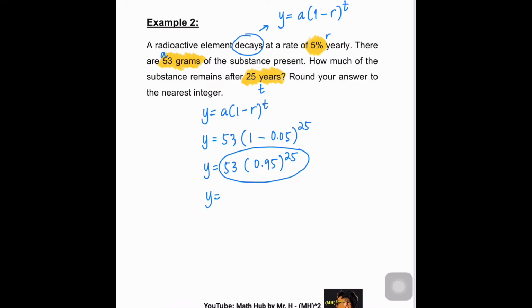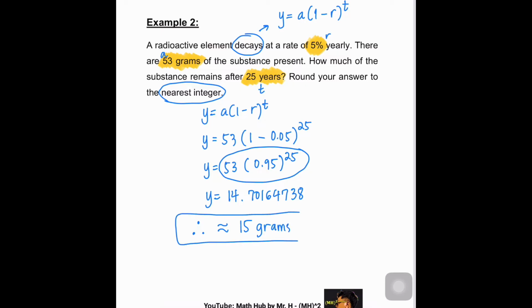It's going to give us an exact answer of 14.70164738. But the question asks you to write the final answer to the nearest integer. So the final answer will be approximately equal to 15 grams.